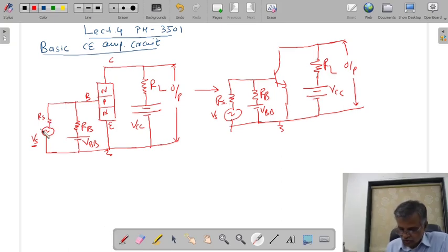This is called the source, so this provides your AC current. Let me write Is. I am showing my AC current coming from this Vs like this.